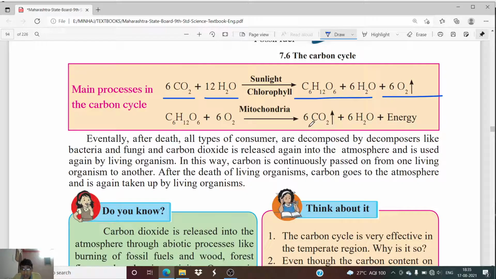Okay, when this second reaction is going to take place, at that time you can see that oxygen which is inhaled by the living organism, okay, by the animals, is utilized to create energy, to form energy, and carbon dioxide, the molecules of CO2 are being produced as a byproduct, and this 6 CO2 is going to be released out by the animal.